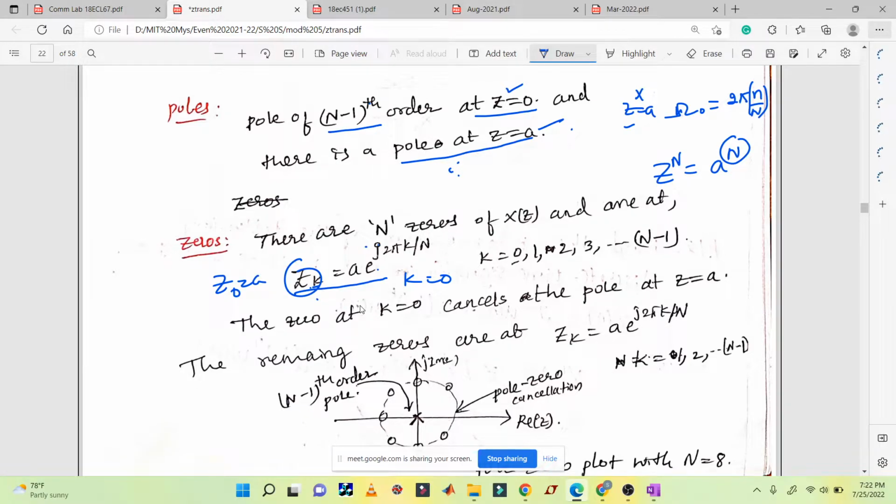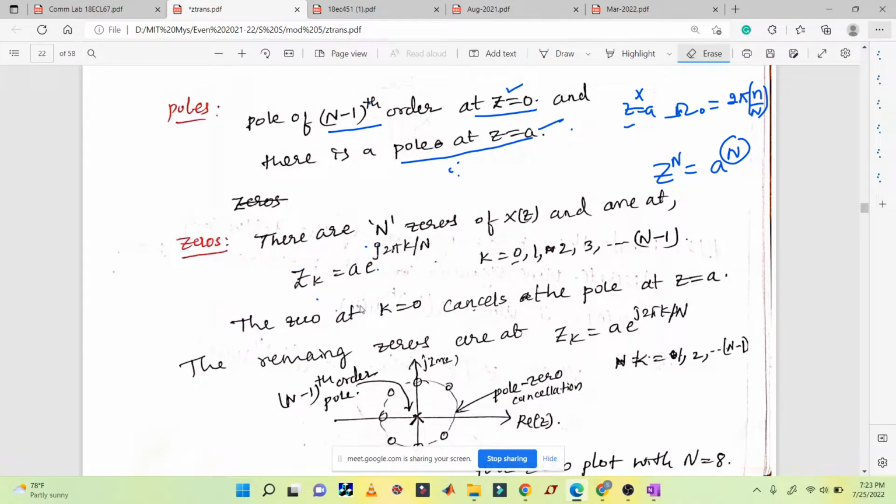This is one pole, but it is getting cancelled with the zero. That's why we have to substitute for k is equal to 1, 2, up to what? Up to capital N minus 1, because we have said that there are N number of poles, that is from 0 to capital N minus 1. So now we are left with only 1 to N minus 1.